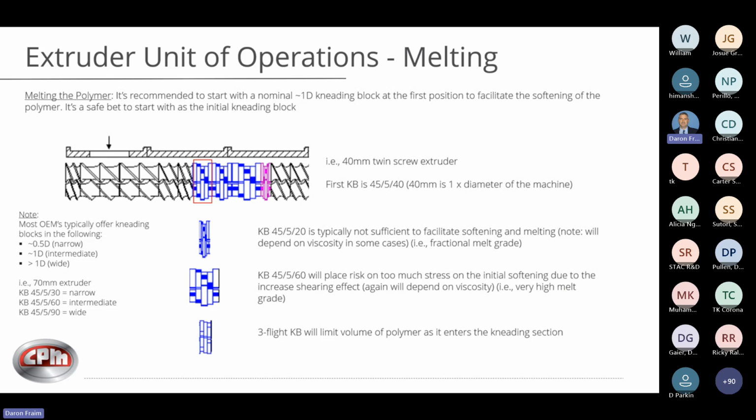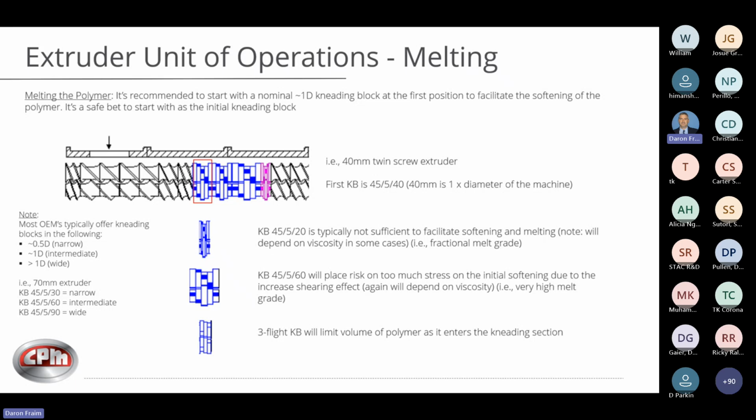Now we look at melting and we look at the very first kneading block. And this varies and it's really dependent upon the application. Most of you probably know, depending on the OEM of your machine, most OEMs offer kneading blocks that are what we call the short or narrow, and then the intermediates, and then the long or wide.